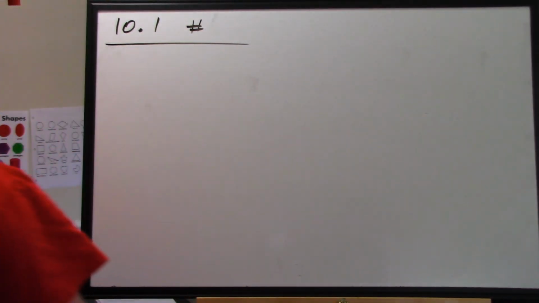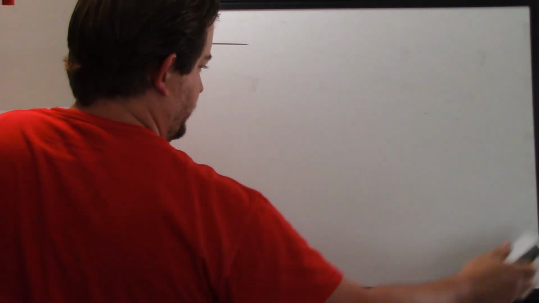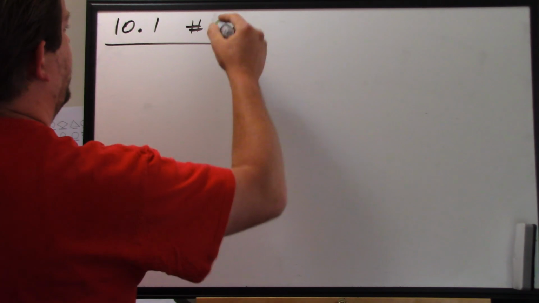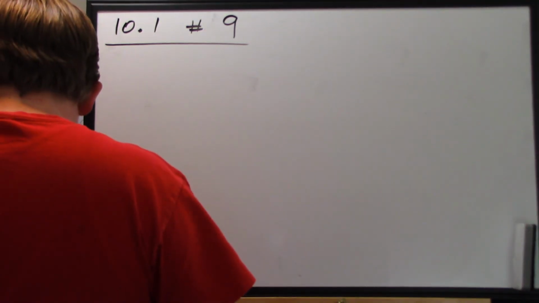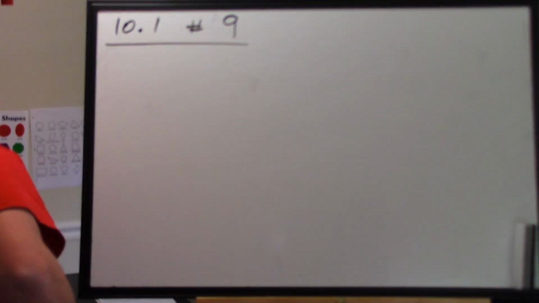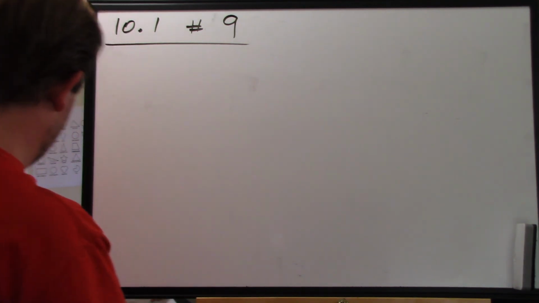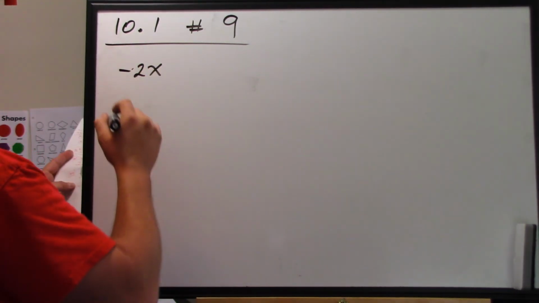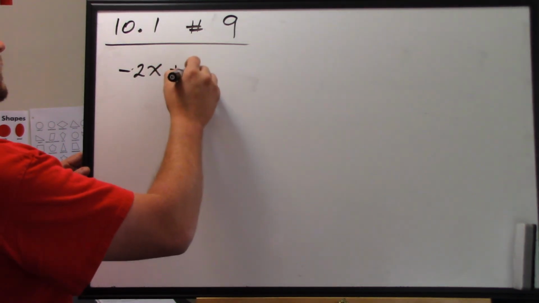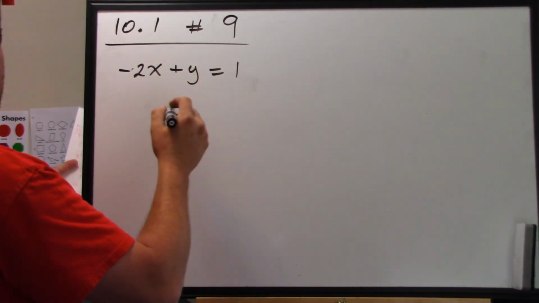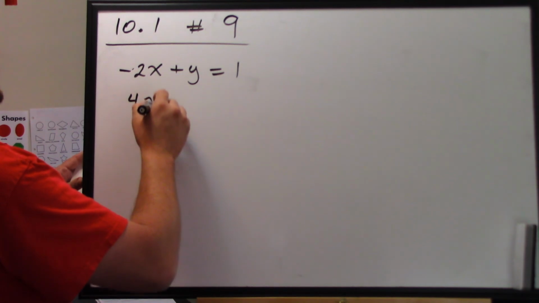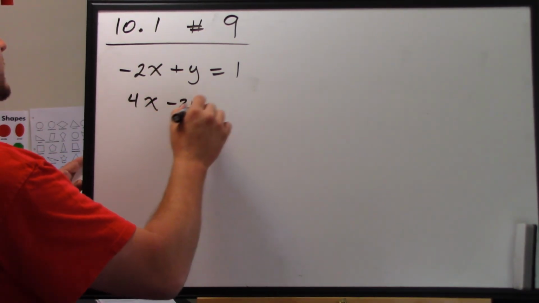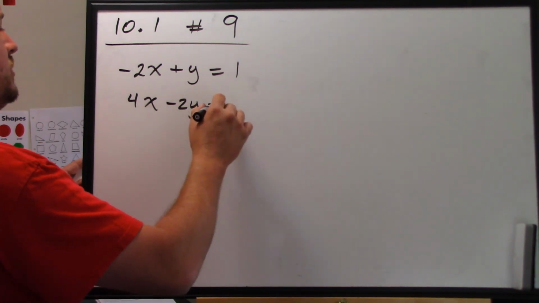Okay, let's look at one more. Let's look at number 9. Number 9 says use any method. But we've got negative 2x plus y equals 1 and 4x minus 2y equals negative 2.